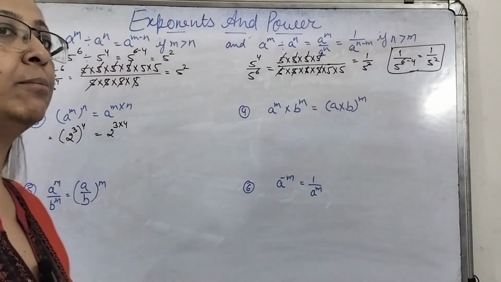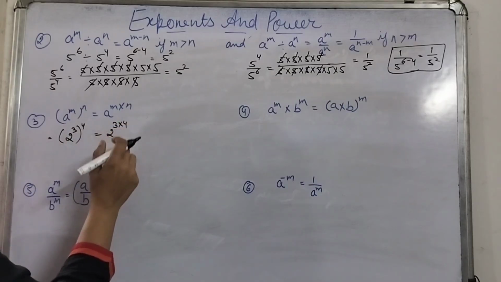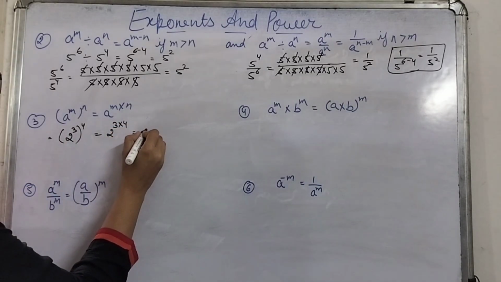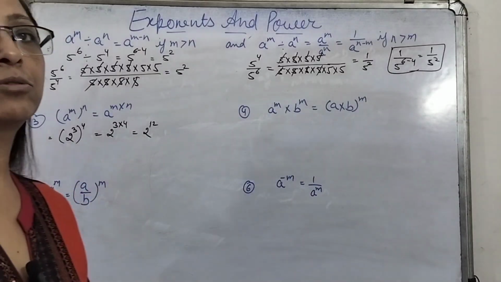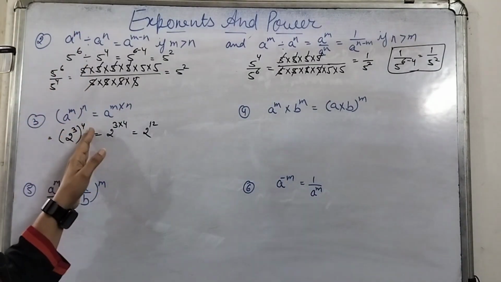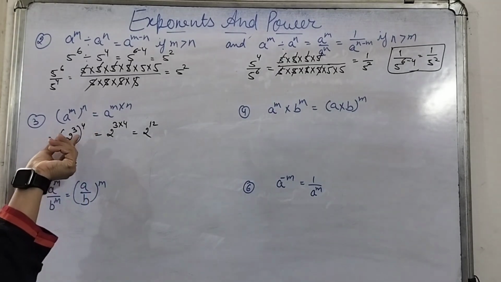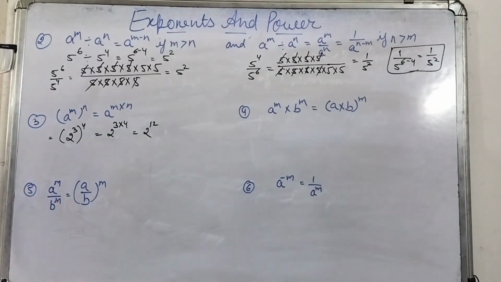Powers are going to be multiplied in this case. So it will be 2 raised to the power 3 multiplied by 4, or we can say it will be 2 raised to the power 12. The value will be your 2 raised to the power 12. So if there is any base with any of the power and whole raised to the power some other power is even there, then it could be written as your powers are going to be multiplied.